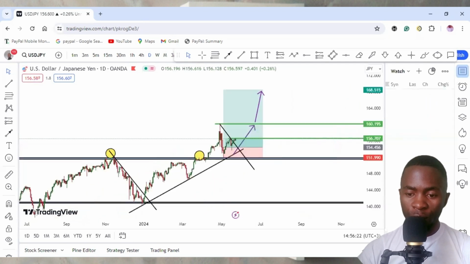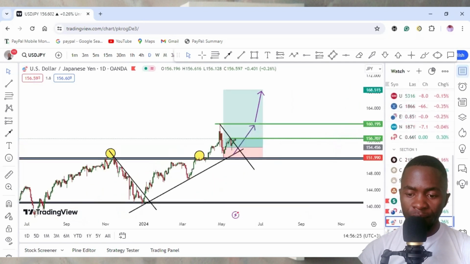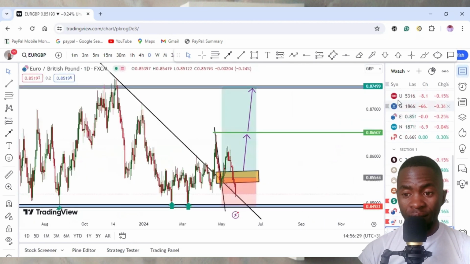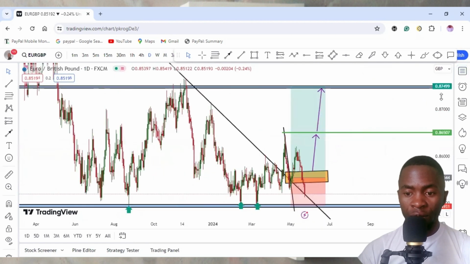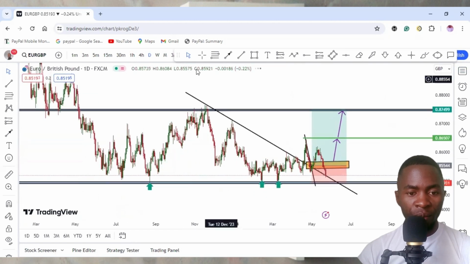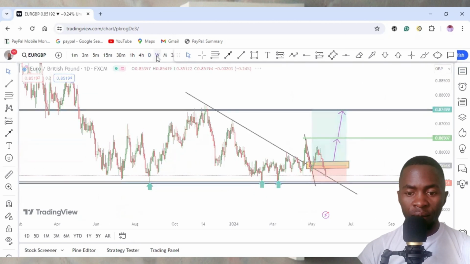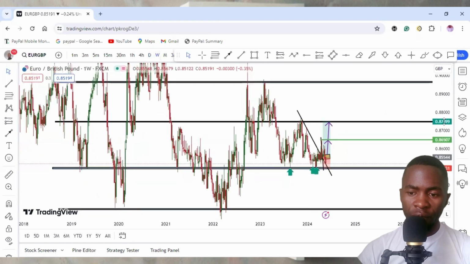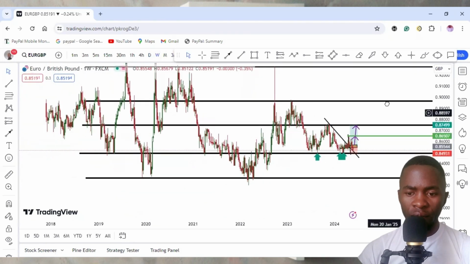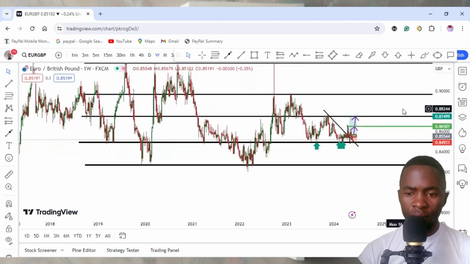Let's go now to the third pair, which I'm in drawdown. This is Euro GBP. Let's go first to the weekly so that we can see how this pair behaves.